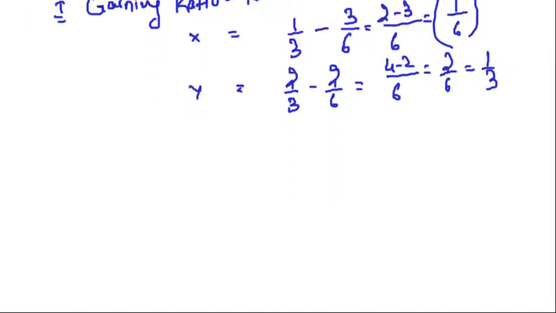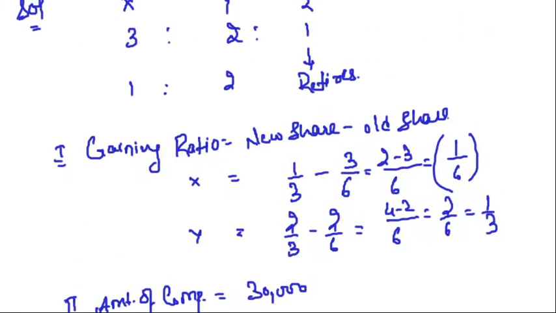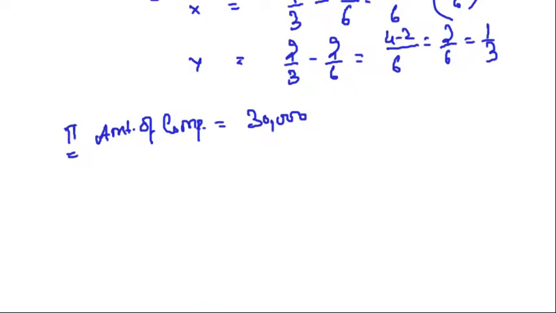What is the total goodwill given? Total goodwill is 30,000. We'll calculate amount of compensation. This is 30,000 multiplied by what is the share of the retiring partner? 1/6. Clear? This comes to rupees 5,000.